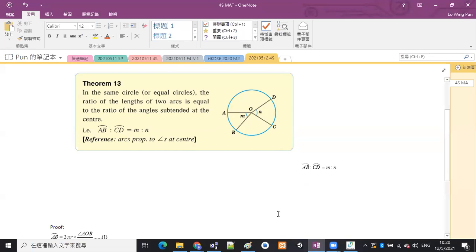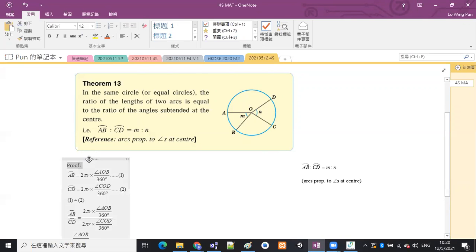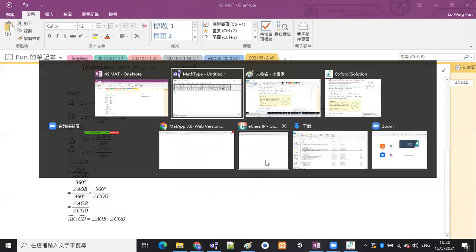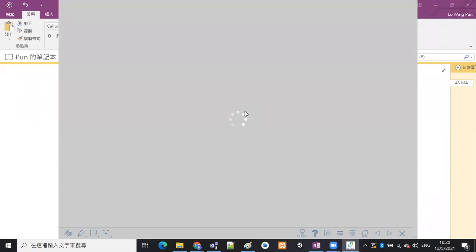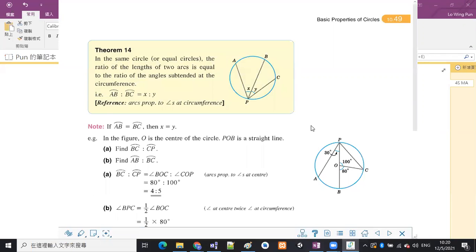OK, angles at center 係可以繼承到嗰個 arc 嘅比例嚟嘅，係嘛？OK，但係 angle at circumference 得唔得咧？原來都得嘅喎。OK，好啦，點得咧？睇住啦。Next page.